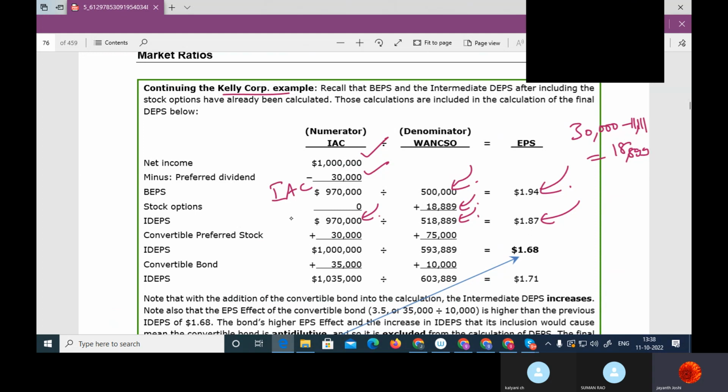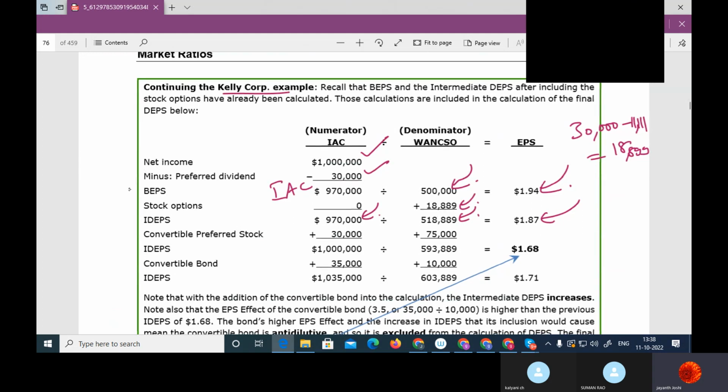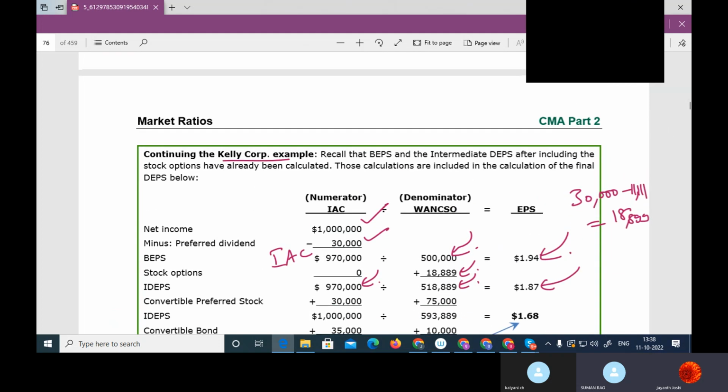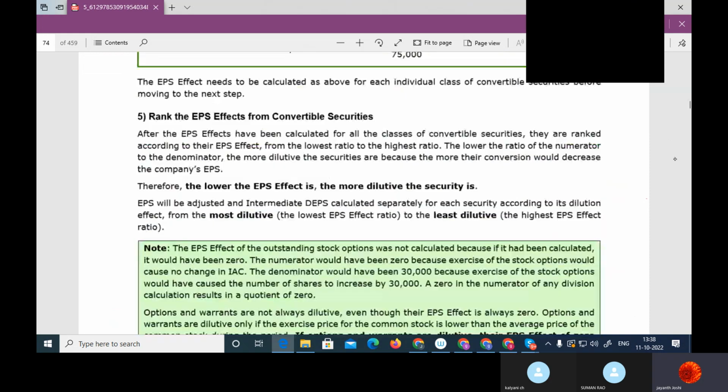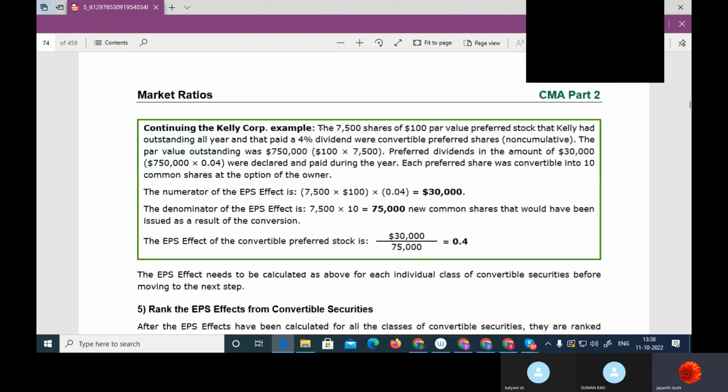Next step, Kelly company has issued some convertible preferred stock, and I'll show you the data. The 7,500, you already know this from the question.